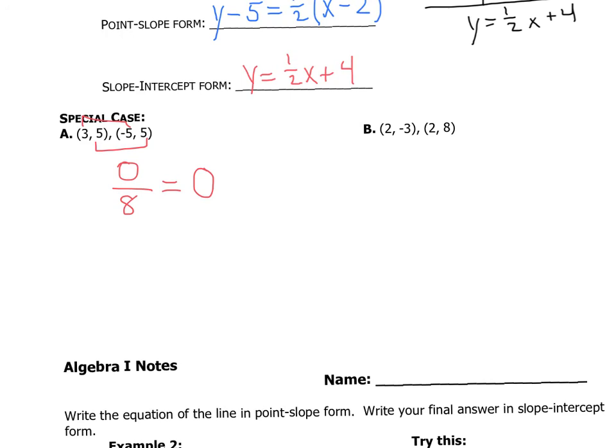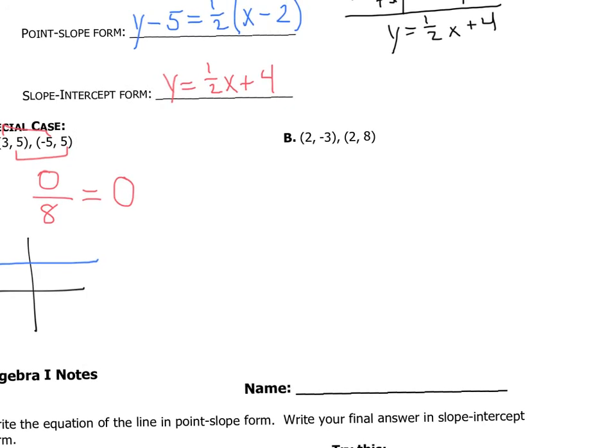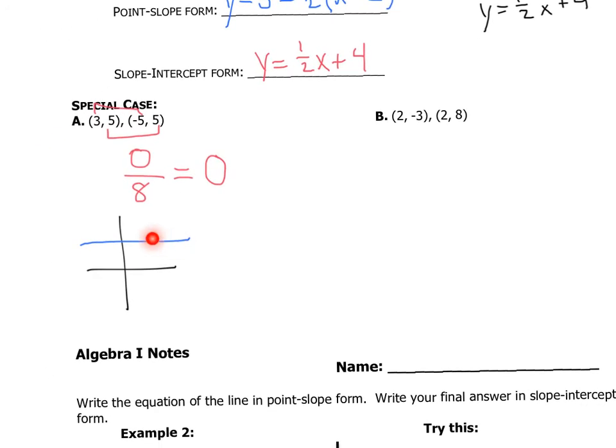If you're looking at a graph, like for example, here's a graph, lines with 0 slope go straight across. We talked about this in the previous set of notes. Lines that go straight across are called what?